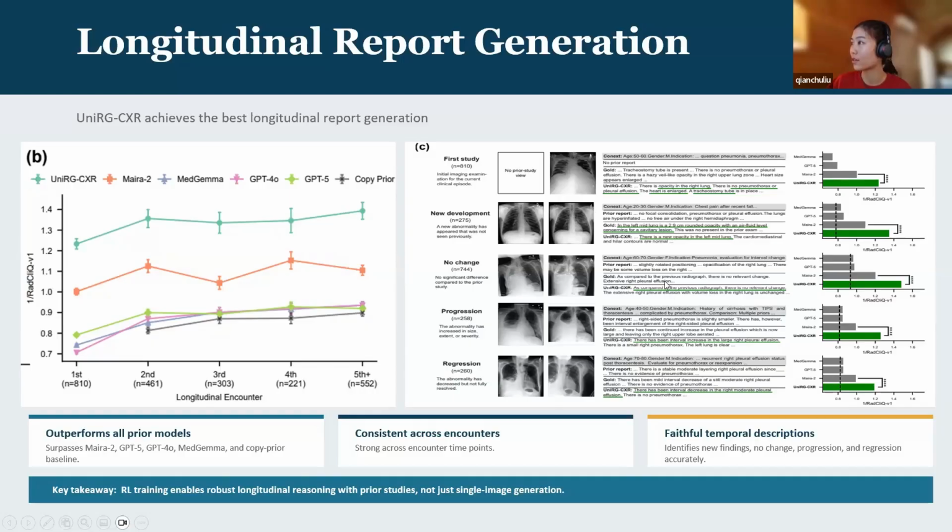And if we look at the reports it generates, sorry, I think the font here is maybe a little bit too small, but hopefully you can see, for example, for new development, UniRGCXR is able to understand there is a new opacity in the current scan compared with the prior report and scan, and that is consistent with the gold human reference.